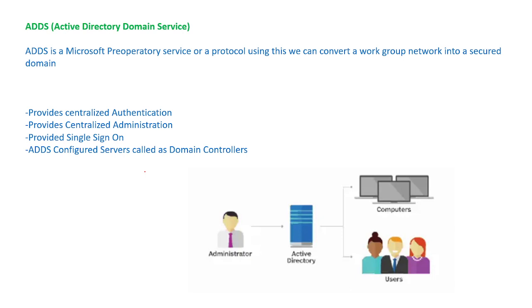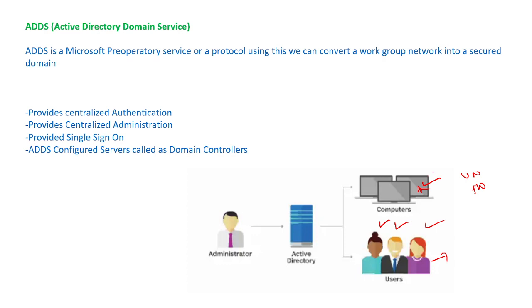So what are the key benefits of Active Directory? The first key benefit is that it provides centralized authentication. See here, we have three users. When this user logs in early in the morning, she will log into her PC, and she will enter her username and password. When she enters them, they will not be verified here.